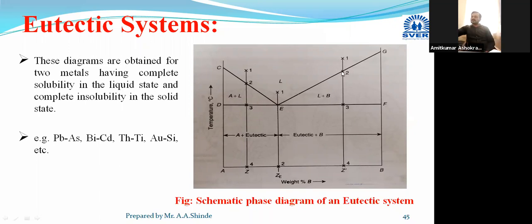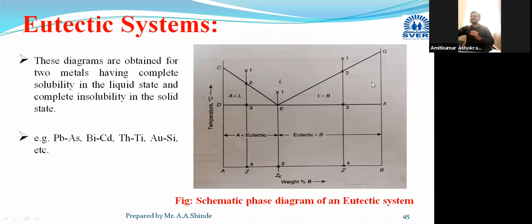Then when temperature falls below point 2, the solid starts separating out, as the melting point of element B is reached. Below this point 2, when temperature falls, solid B starts separating out.